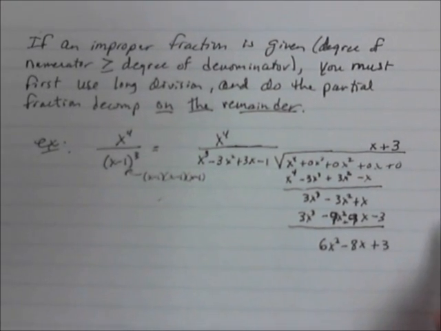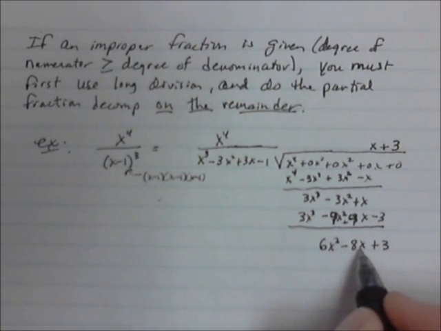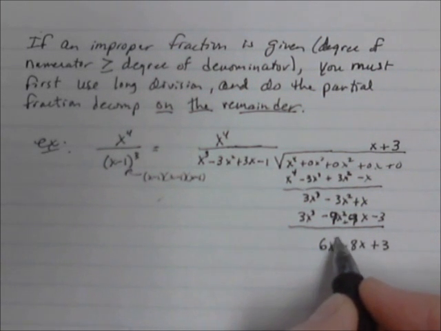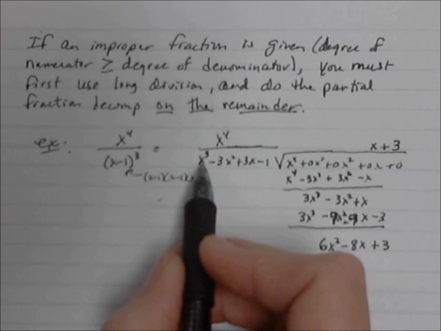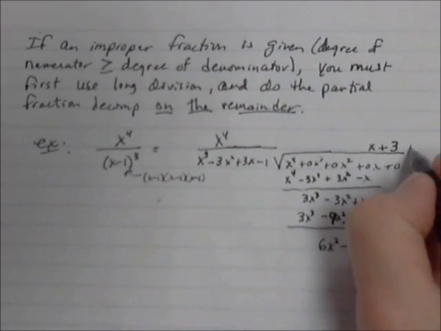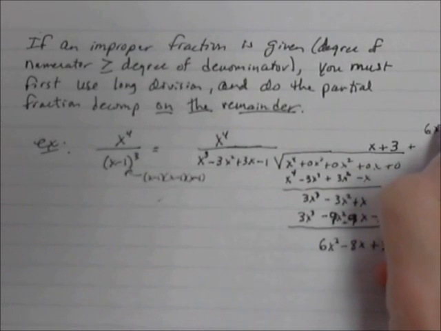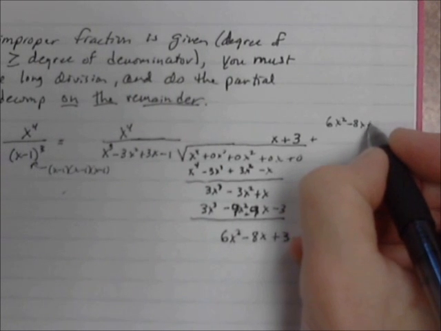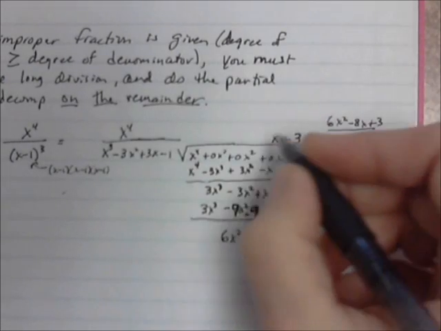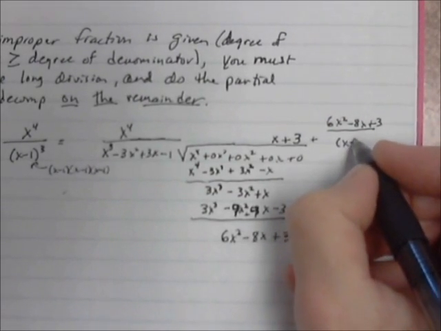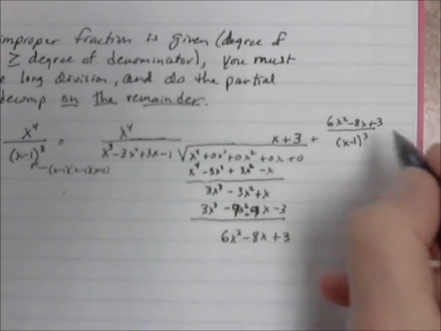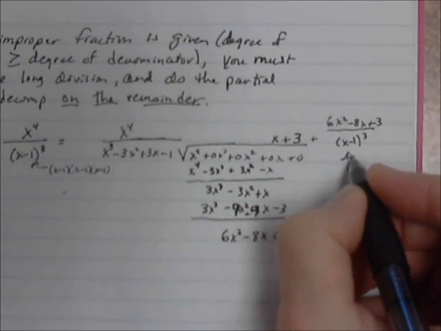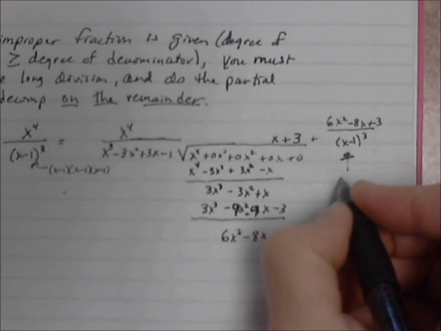So what you're going to be left with is a remainder of 6x squared minus 8x plus 3, because when the degree of the resulting subtraction is less than the degree of the outside here, then you're done and that's your remainder. So your remainder is 6x squared minus 8x plus 3 all over the original x minus 1 to the third power. And that's what you're going to do partial fraction decomposition on.